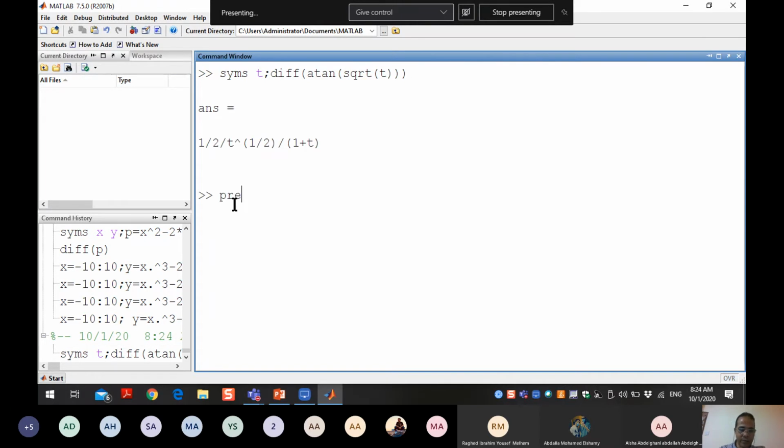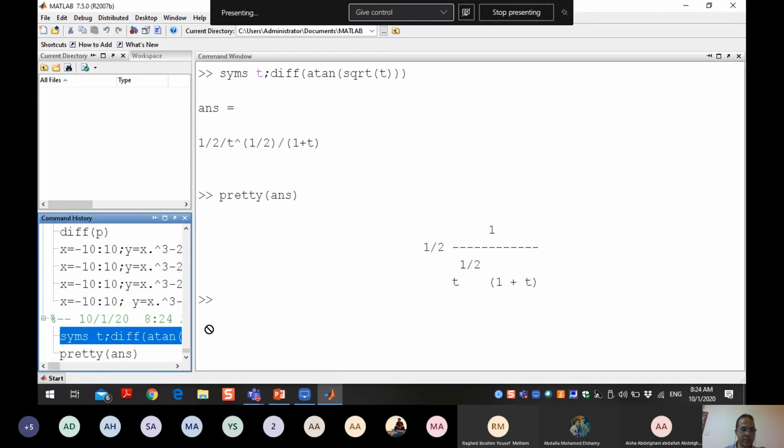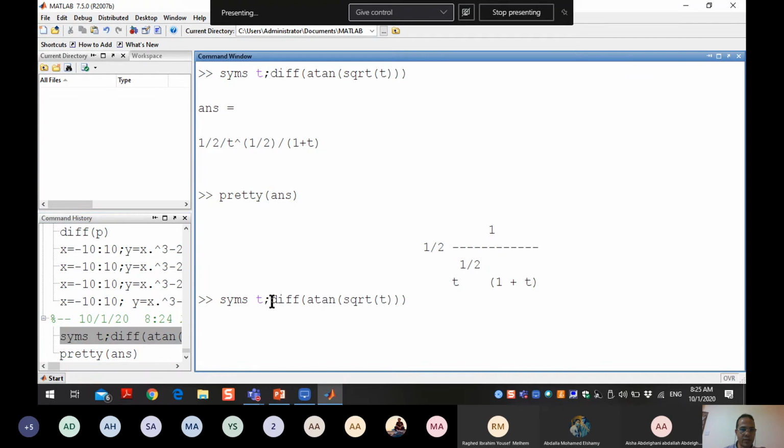It is better to use pretty to change it into math mode. Pretty for what? For the answer. I call it ans. If I would like to give it a name, like first derivative, I write before the command that I would like my output to be first derivative, so I call the output by name, and put equal.